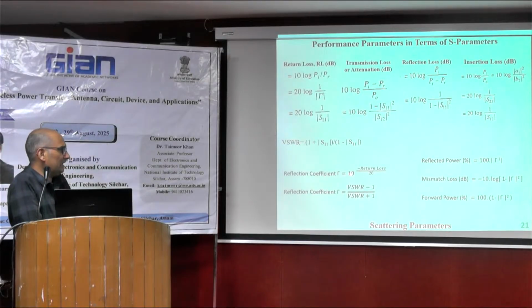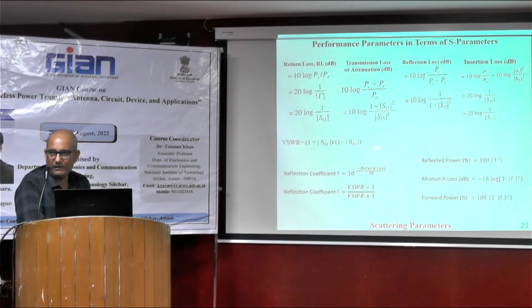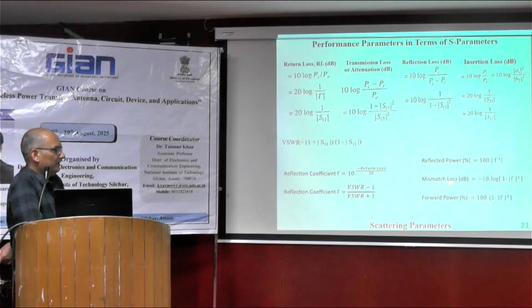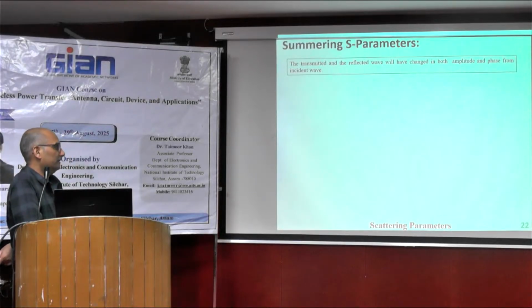Reflection coefficient in terms of return loss can be done easily. Reflection coefficient in terms of VSWR, then reflected power, mismatch loss, and forward powers. All these parameters are important when we solve numerical problems. Hopefully, this is the end of the first part of this tutorial 1, that is the summary.